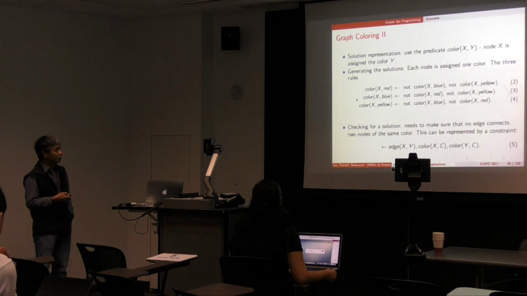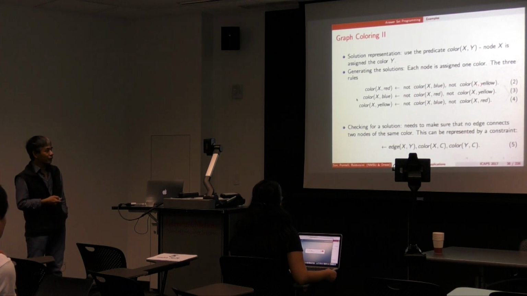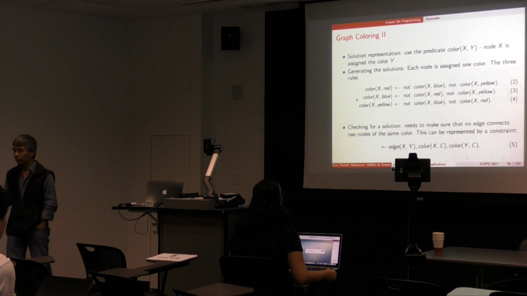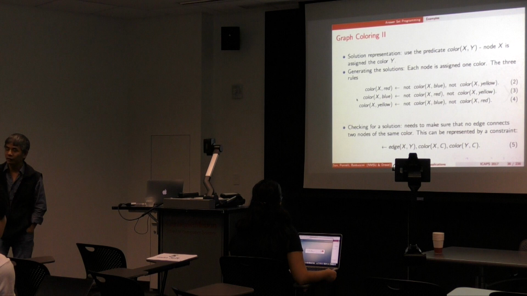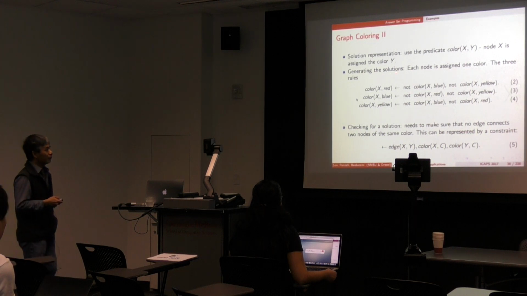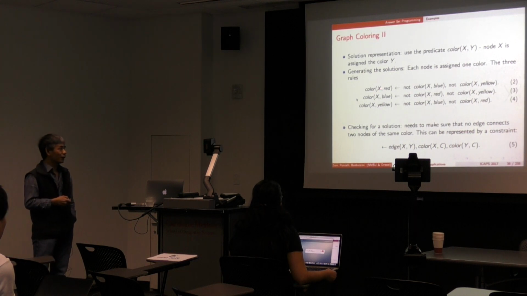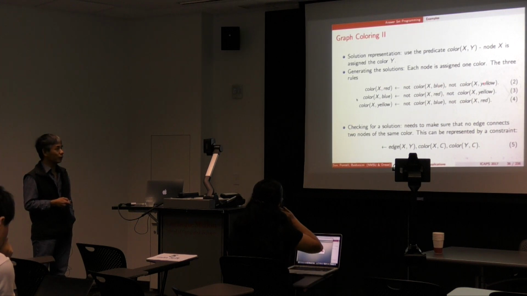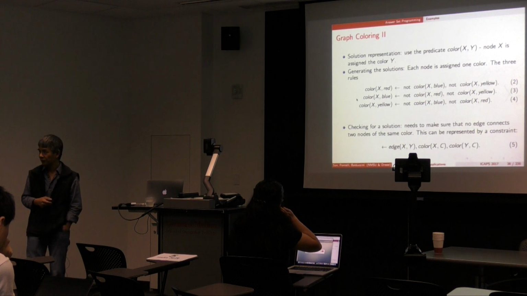In general, there are two parts. First, what are the possible ways to get a solution? Because I need to assign each node one color, I can write something like this. If I have a node x, and its color is not assigned blue or yellow, then it must be red.